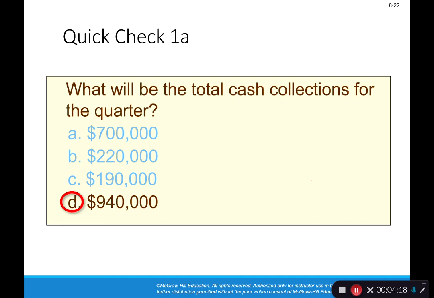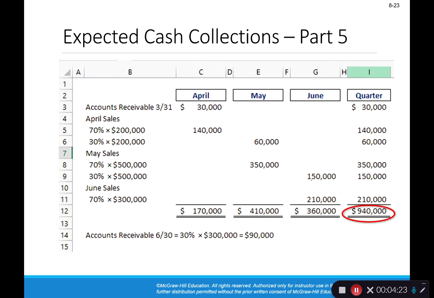The answer is going to come out to be 940. How do you get that? Well, again, we're just adding June to the list. So 70% of June sales are collected in June. What about the 30%?